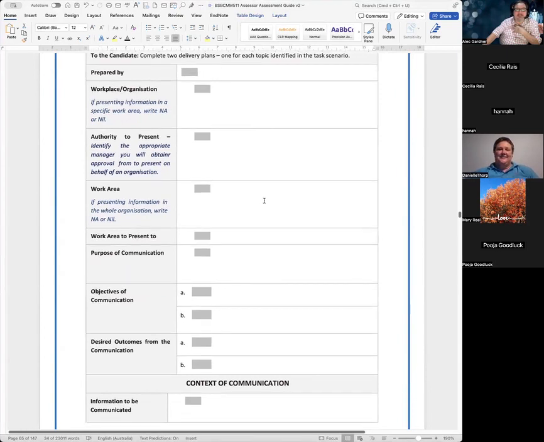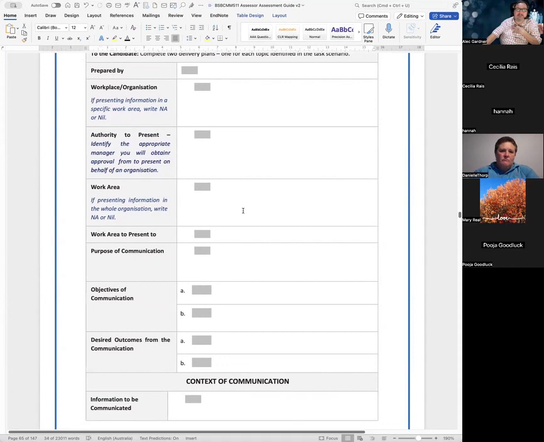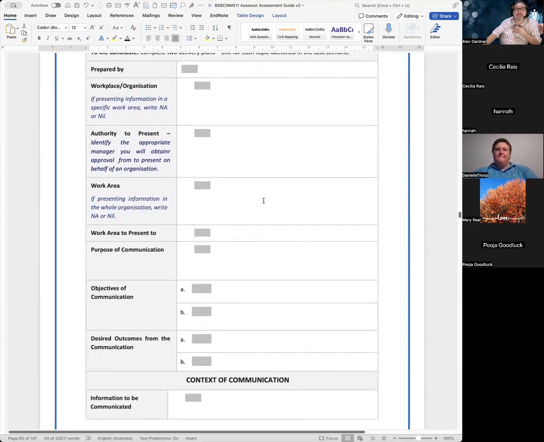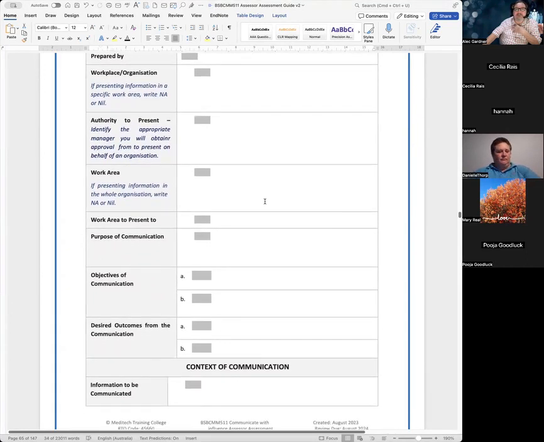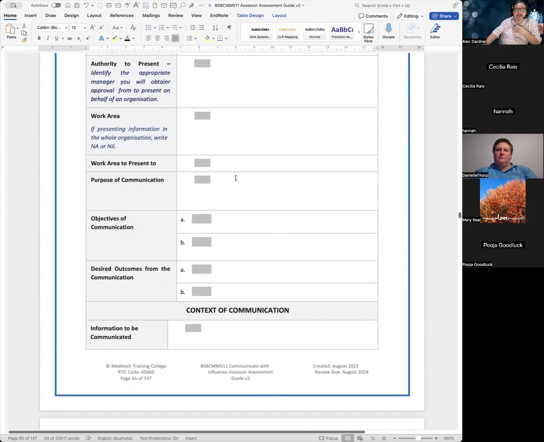Work area: if presenting information to a whole organization, write NA or nil. Okay, you're not doing that. No. You're presenting to a specific group of people. Yeah, you've got a specific group. You've got to nominate the work area to present to, the purpose of your communication, the objectives of your communication, and your desired outcomes.